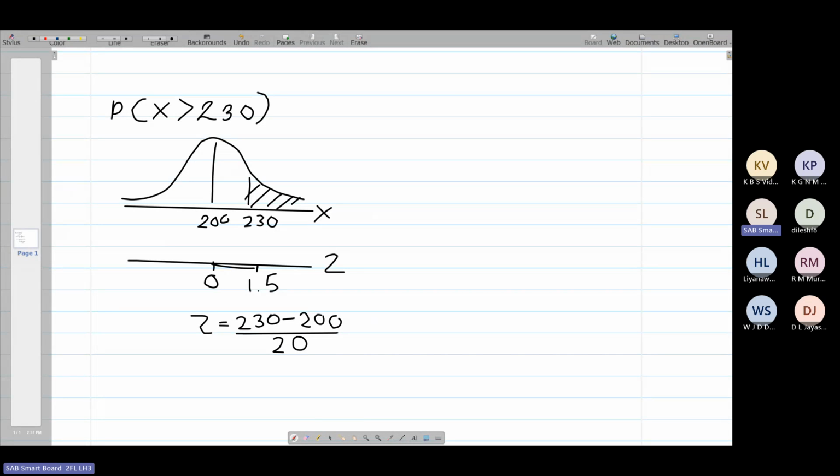It's clear? Then this area is 0.4332. Why? This probability value corresponds to 1.5, and it gives 0 to 1.5.